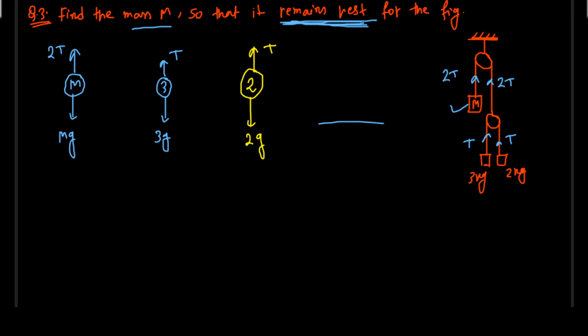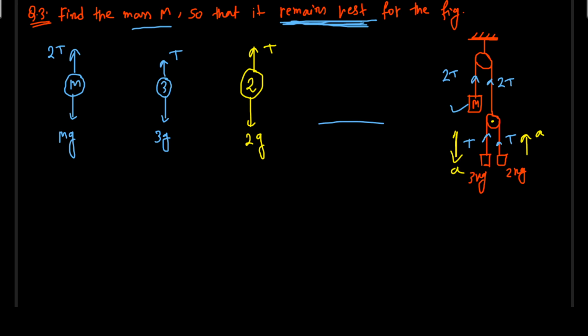That means only the mass capital M remains constant. If the mass capital M remains constant, it means that this pulley is at rest, but the 3 kg and 2 kg blocks can slide. Suppose this 3 kg block is sliding; it will obviously be in the downward direction because the mass is heavier, so the 2 kg block will be in the upward direction.